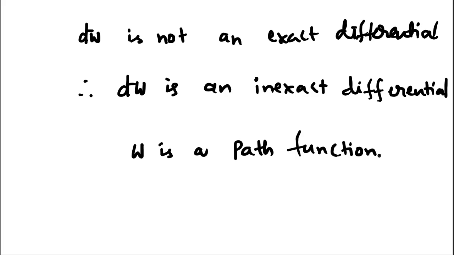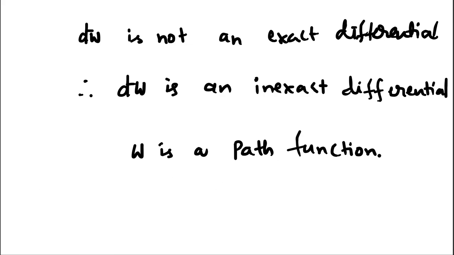Okay, now we have proved in today's class volume is a state function using the Euler's criteria, and work as a path function using the Euler's criteria. Let's also prove work as a path function using thermodynamics terms instead of mathematical terms.